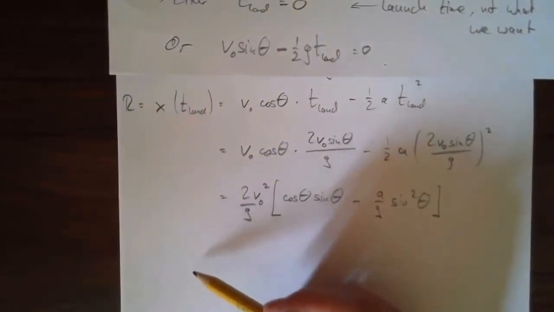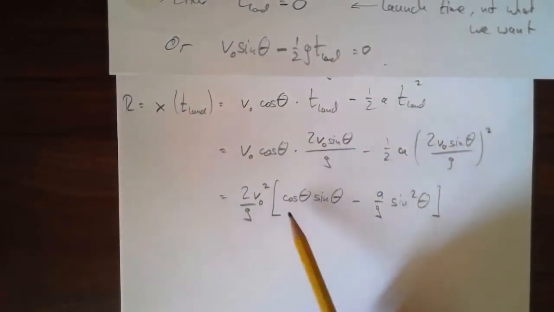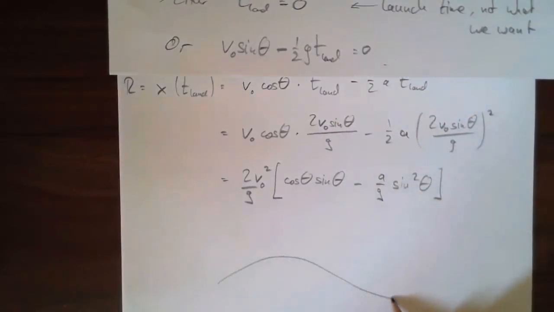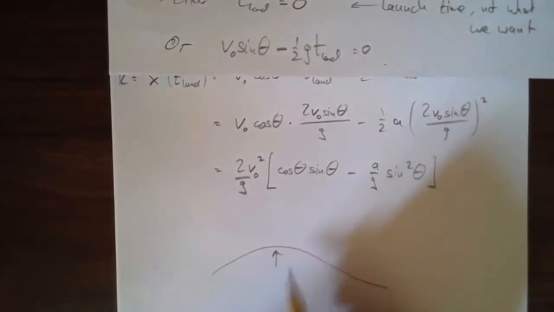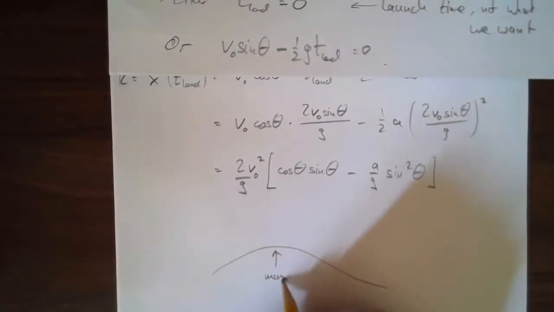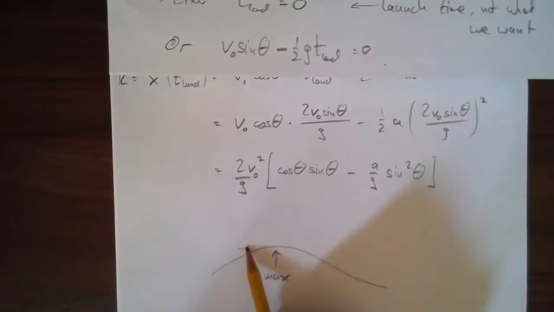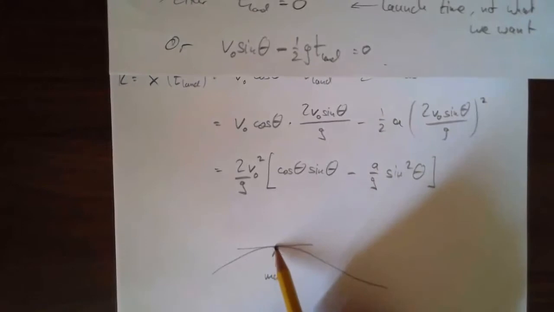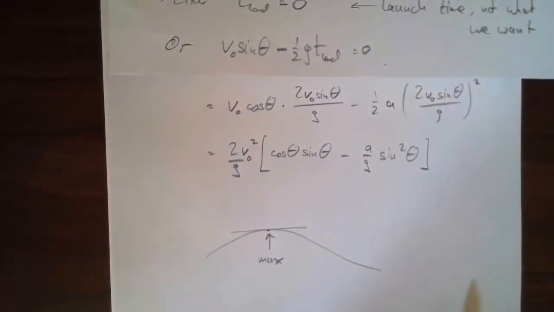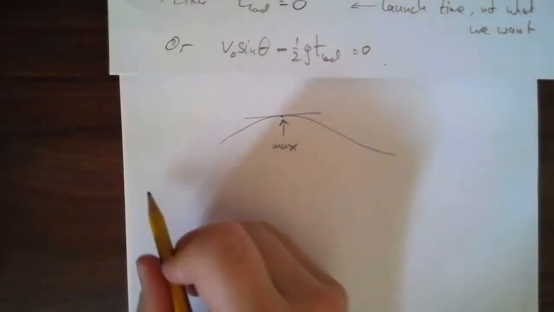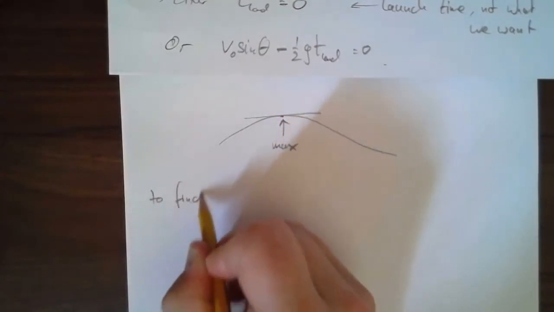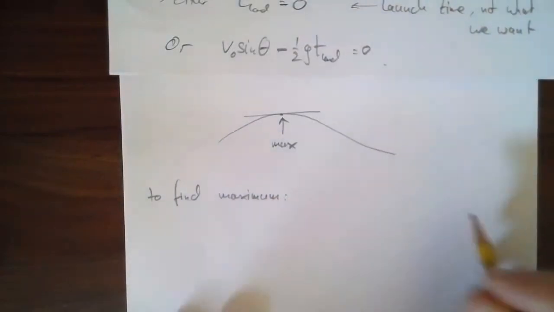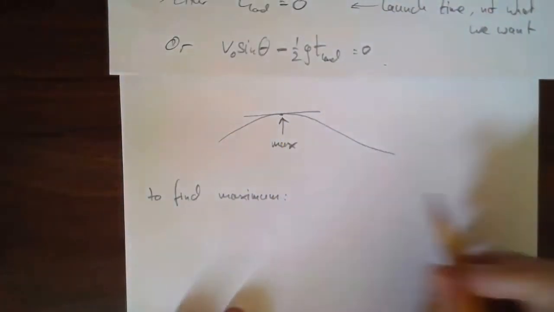Well, if I have some kind of function like this, the maximum is here, and its defining feature is that it's flat. The gradient, the slope of it is 0, slope means derivative, so to find the maximum, we're going to set the slope to 0.